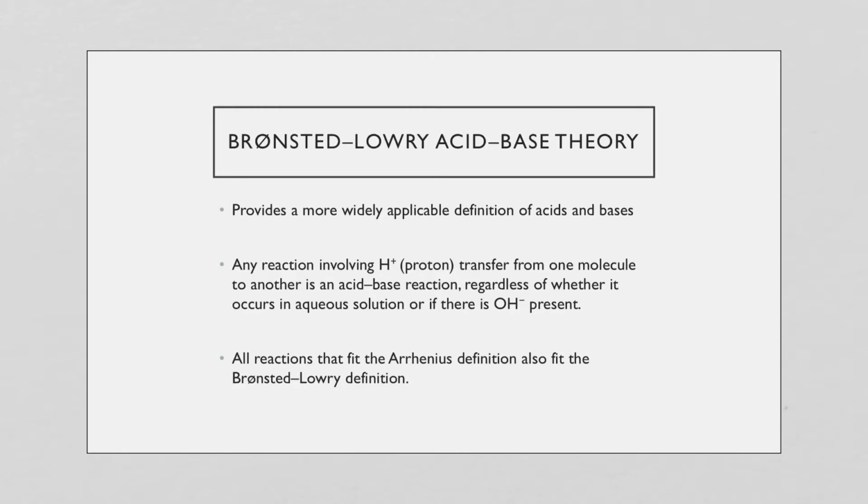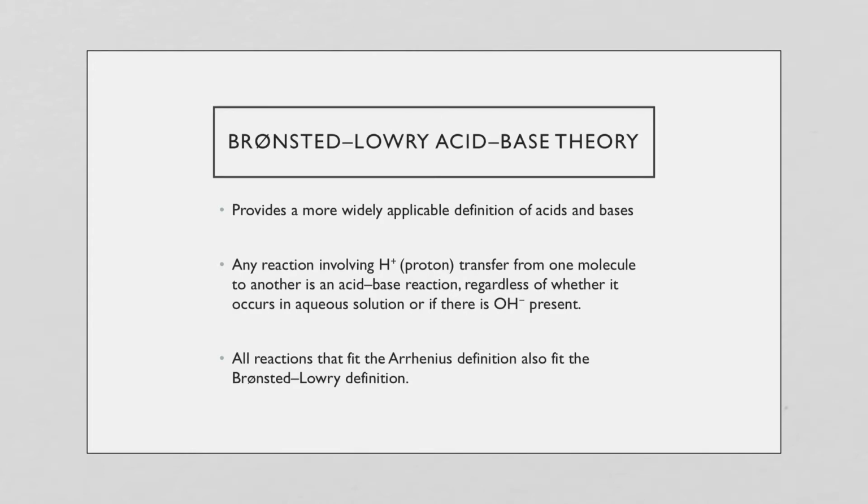Now, the way Bronsted-Lowry looks at things, again, is as an H plus or proton transfer reaction. And so we have the acid, which is the proton donor, right, as the source of the proton. And we have the Bronsted base as the acceptor of the proton.